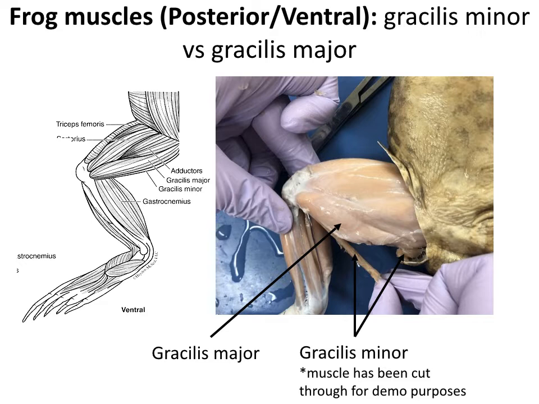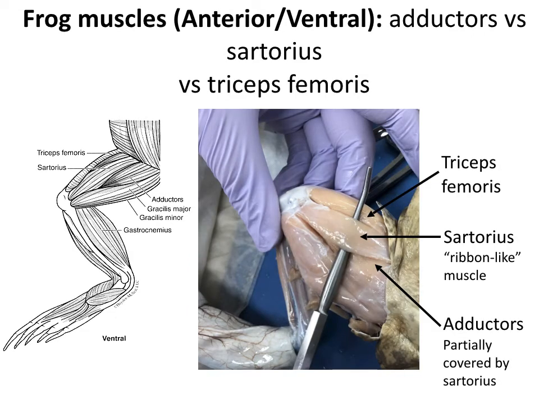On the anterior side in a ventral view, you have the sartorius, a ribbon-like muscle that covers everything. Underneath the sartorius are the adductors. Again, these help change the position of your leg relative to your body.